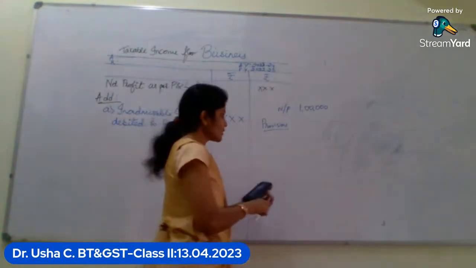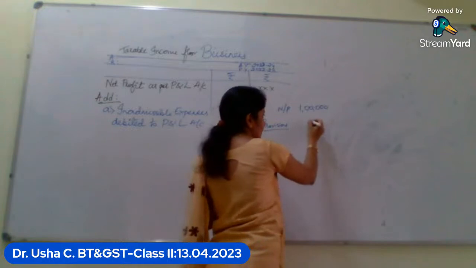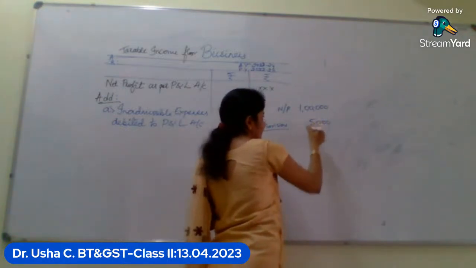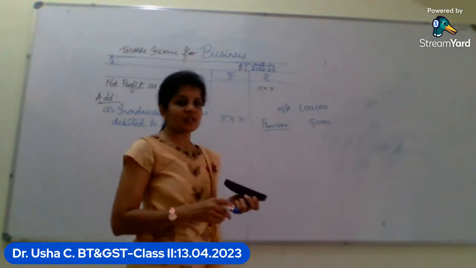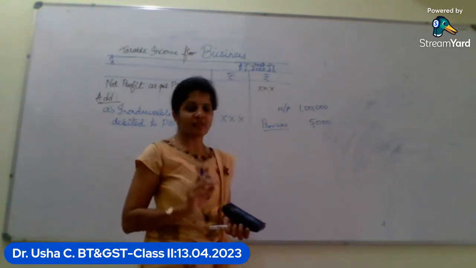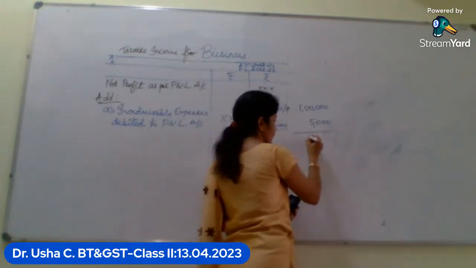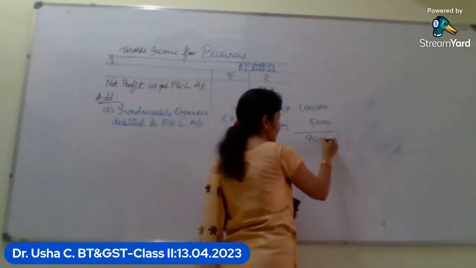So suppose provision of 5,000 rupees has been created and debited to the profit and loss account. Debited to the profit and loss account means what? This amount of 5,000 rupees is deducted from the gross profit. Understood? When it is deducted from the gross profit, the balance is 95,000.